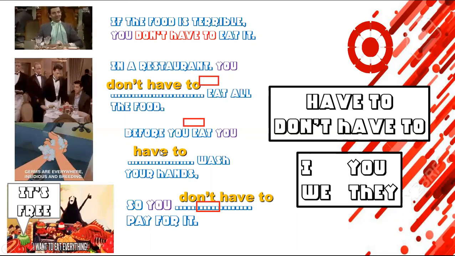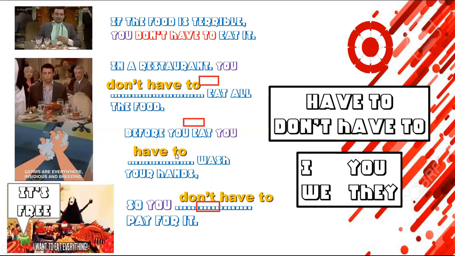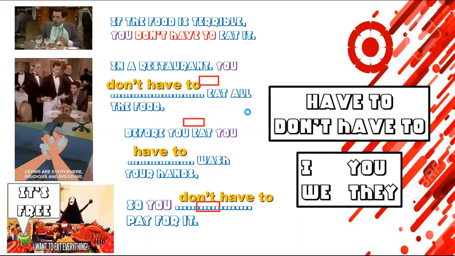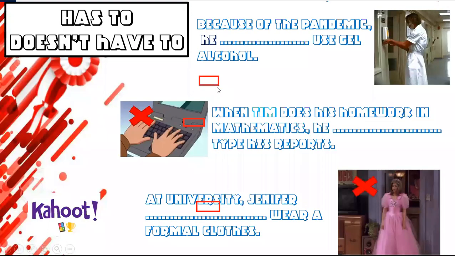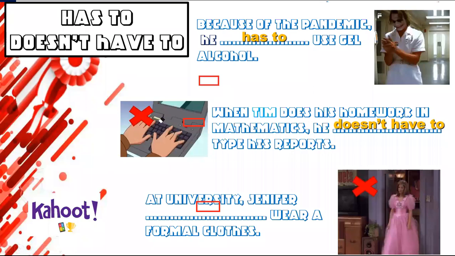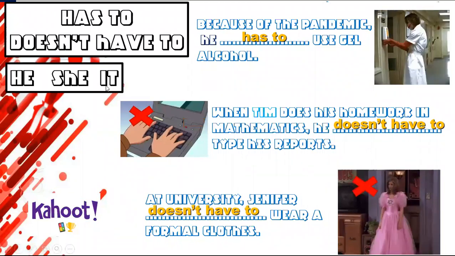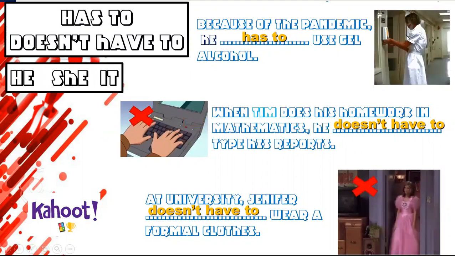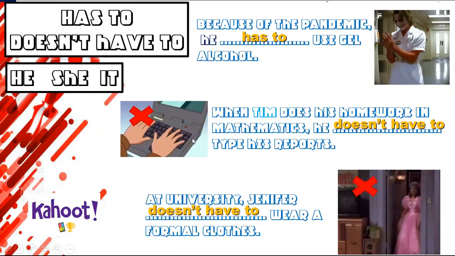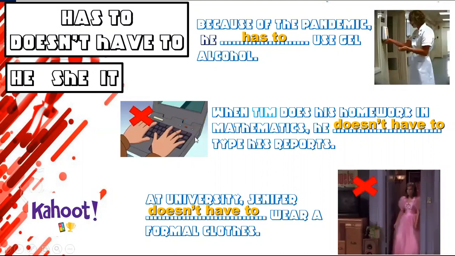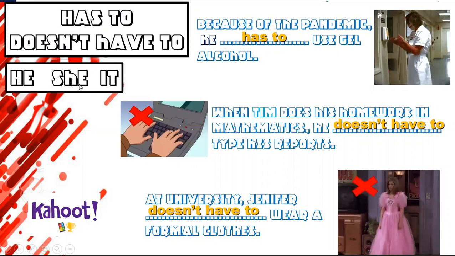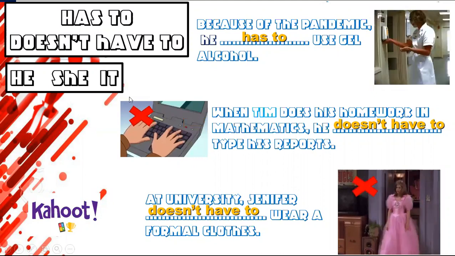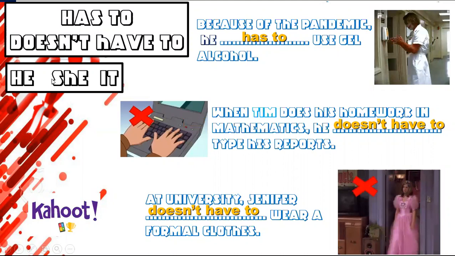I don't have to, or we don't have to. And we use has to, the other option, with the third person, with he, she, and it. We say he has to, or he doesn't have to. With these three: he, she, it.